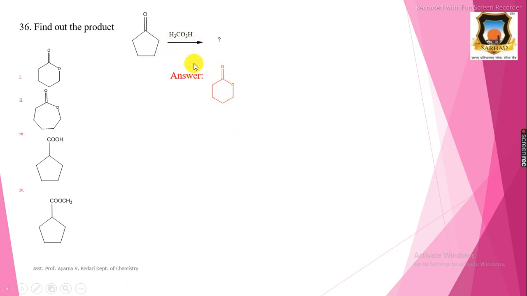It is the Baeyer-Villiger rearrangement, in which ketones undergo oxidation in the presence of a per acid. Then there is formation of a cyclic ester, that is, a lactone. Cyclic esters are called lactones, and the first option is correct. Cyclopentanone gives this cyclic ester, the lactone. Therefore, the first option is the correct option.